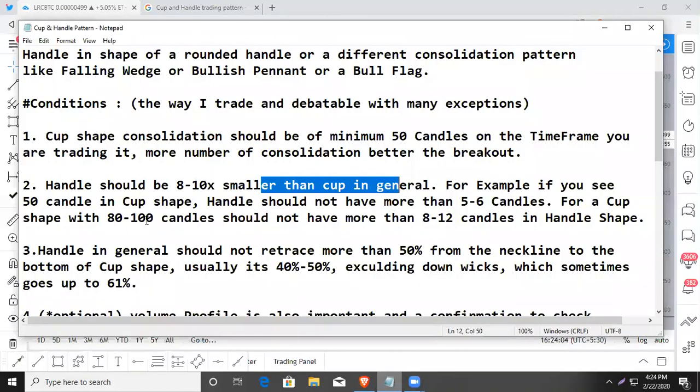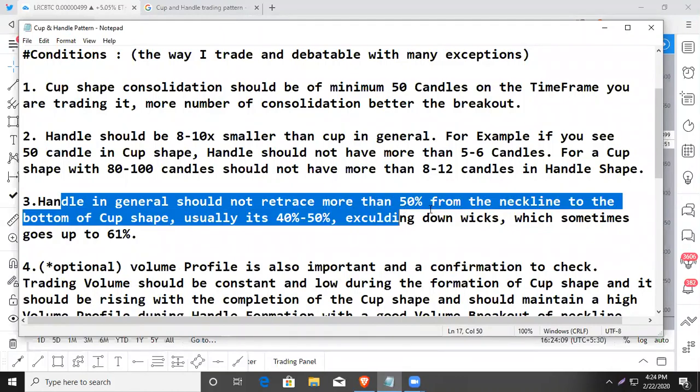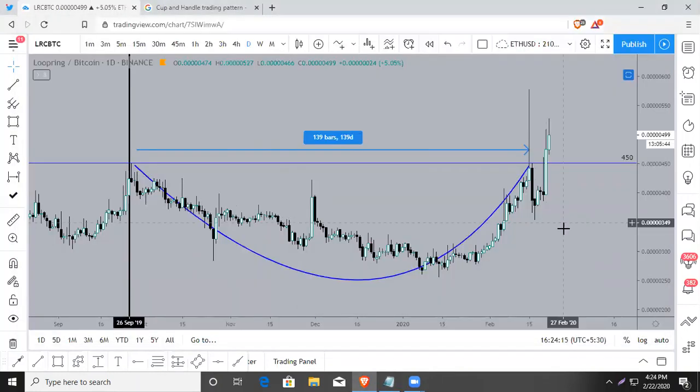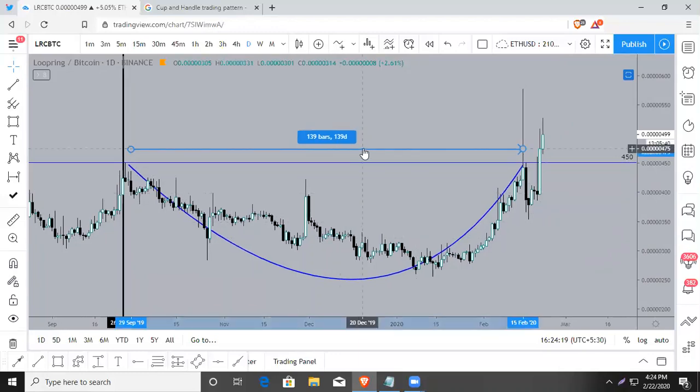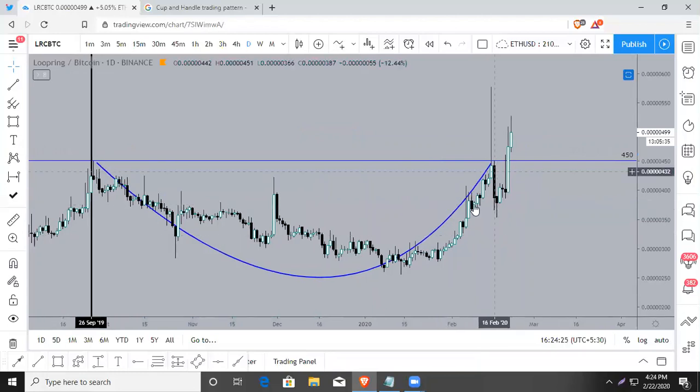Okay. Third, I have that the handle in general should not retrace more than 50%. Sometimes I see people posting cup and handle patterns where they show the handle correction up to 60%, even 80%. But for me, from whatever I have read and know from my experience, this correction here, let me remove this shape.